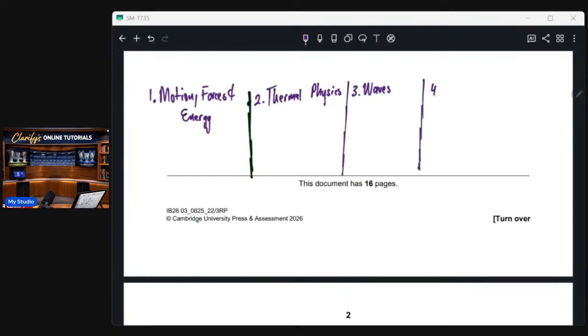Then topic number 4 is electricity and magnetism. Topic 5 is nuclear physics.